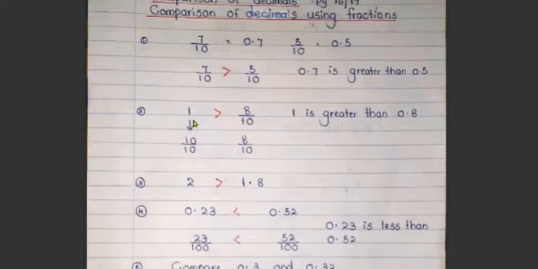Second example, 1. It's a unit, whole number. This is in fraction form, 10 over 10, and this is 8 over 10. 1 is a unit, 10 out of 10.